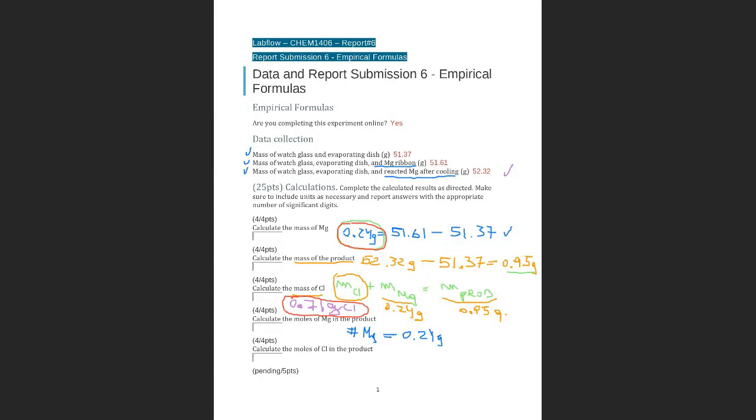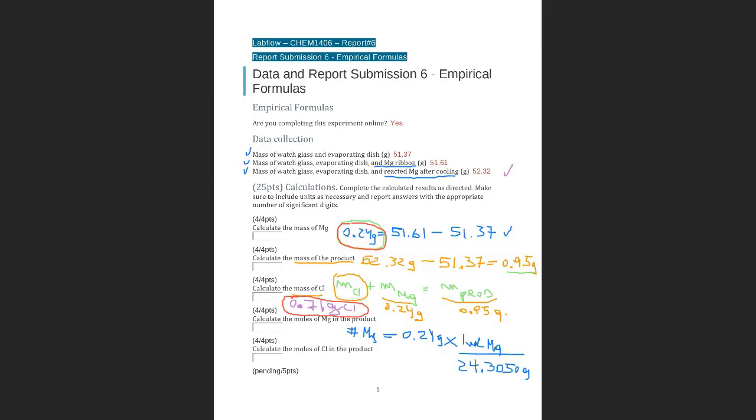And then I go to the periodic table. And what do I find? I find that 1 mole of magnesium, the atomic weight, equals 24.3050 grams.